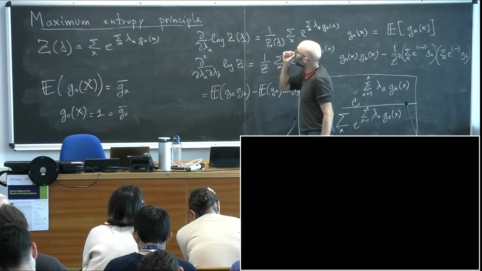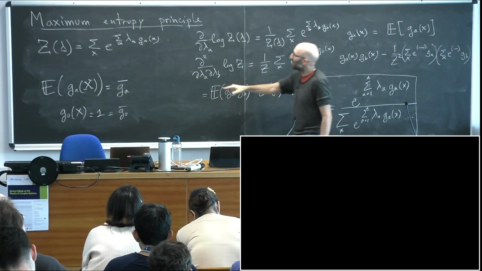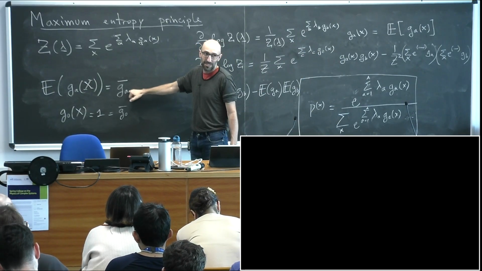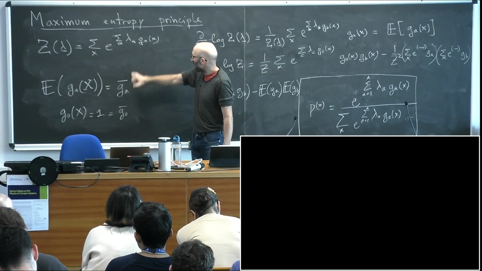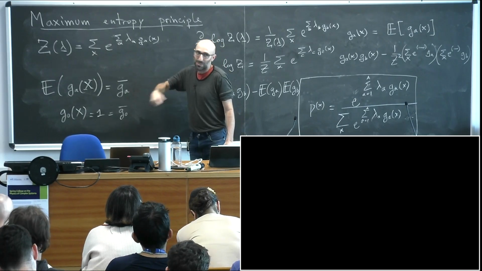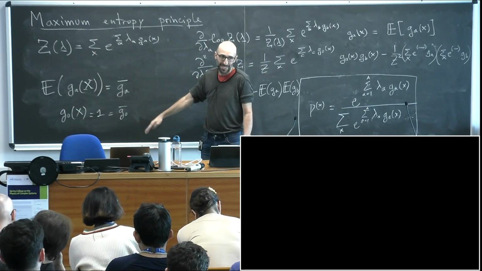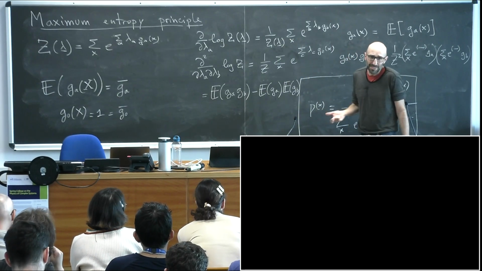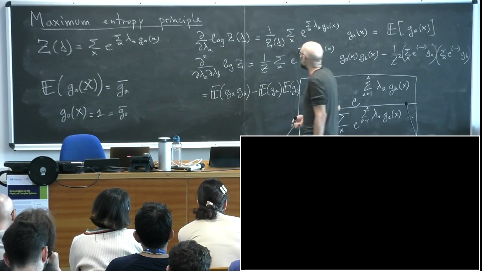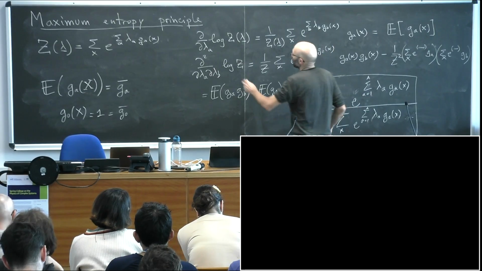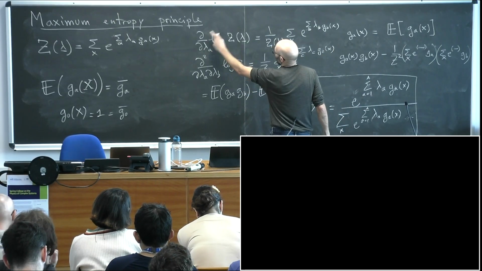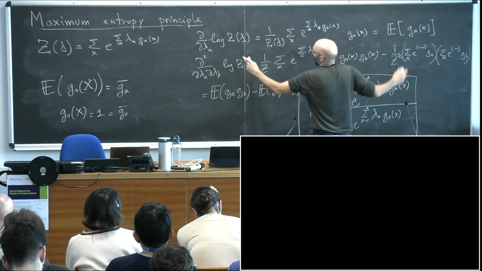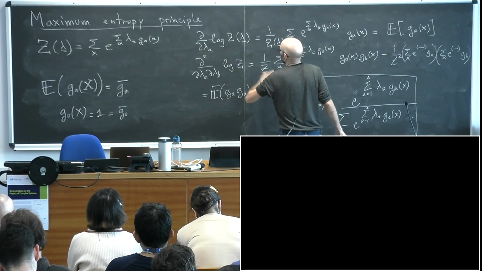If we have 10 constraints, here the sum over a goes from 1 to 10, so we have 10 Lagrange multipliers and 10 equations, and we have to solve this system of 10 nonlinear equations for the lambda. This seems complicated, right? But it's not that complicated. Why? Because the expectations of the g are the derivatives of the logarithm of Z.